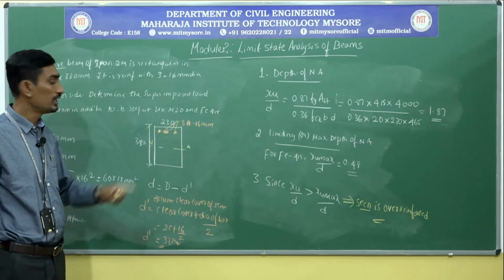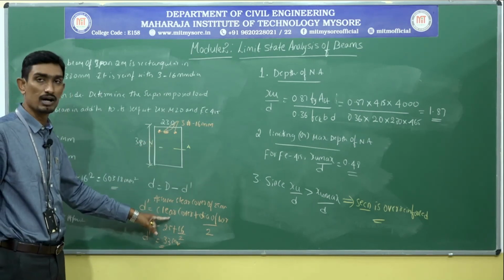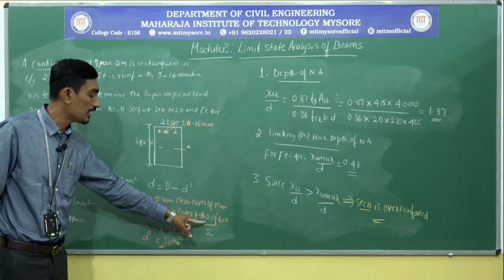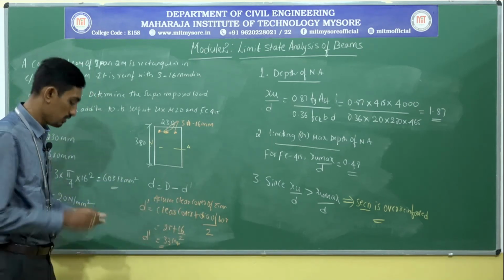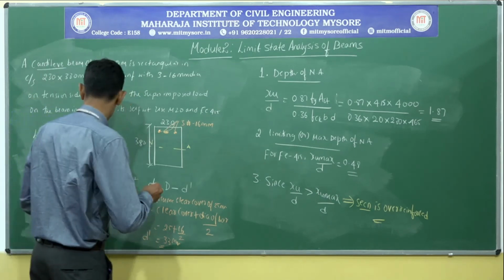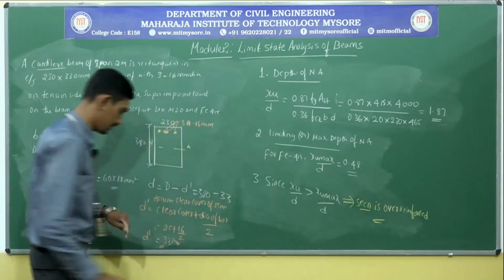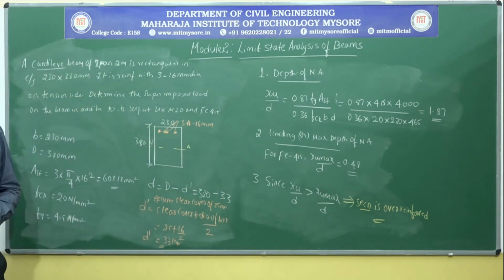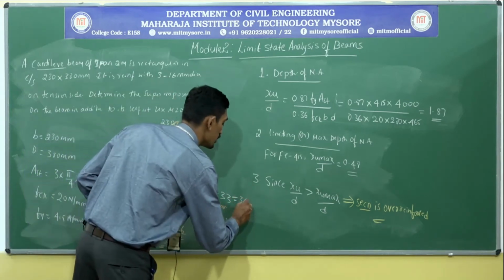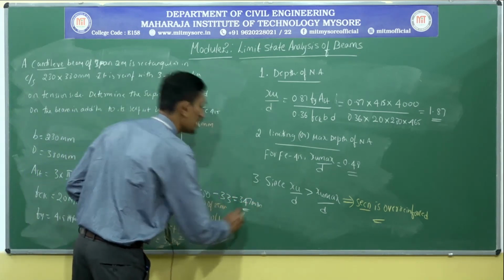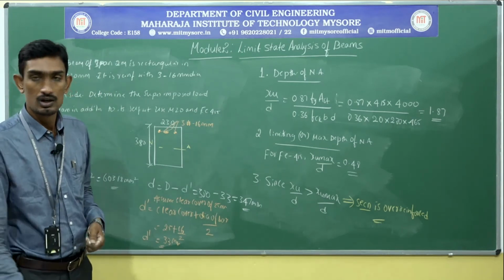But in this case, they have given the number of bars. By assuming a clear cover and adding the diameter of the bar by 2, you may get the effective cover. Now, effective depth d is equal to 380 minus 33. So this works out to be 347 millimeter.